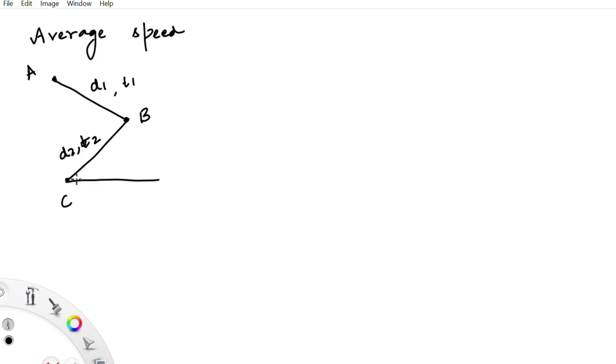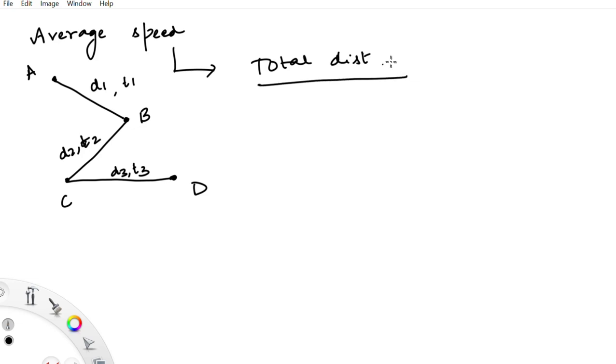From C I move to point D, so distance is d3, time is t3. Now average speed is nothing but the total distance travelled by an object, total distance upon total time.